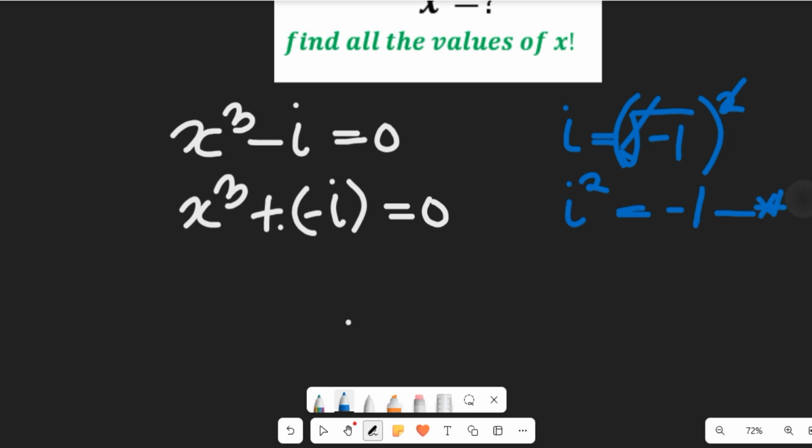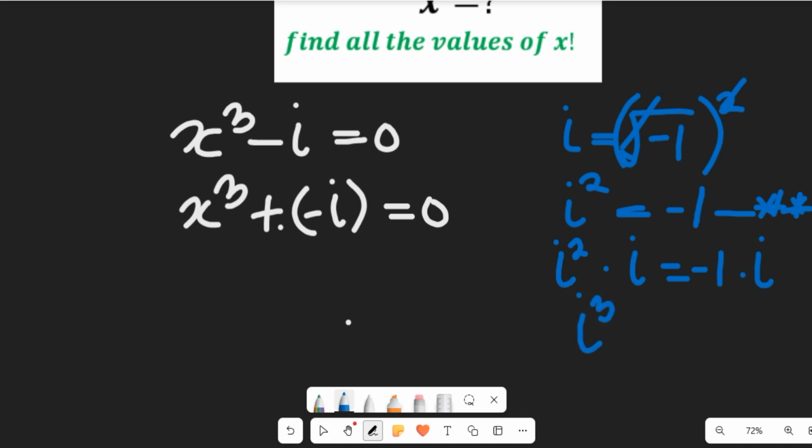E dey very important. So if i square dey equal to minus 1, that means say if I multiply i square with i, this one go still give me minus 1 times i. And you know say i square multiplied by i will give me i to the power of 3.